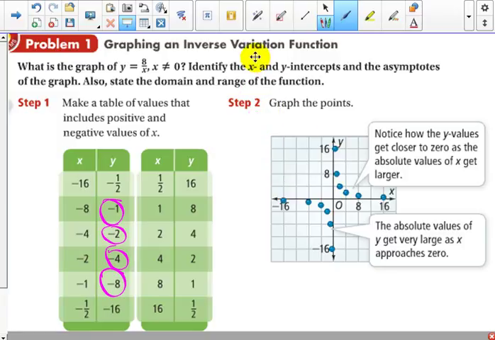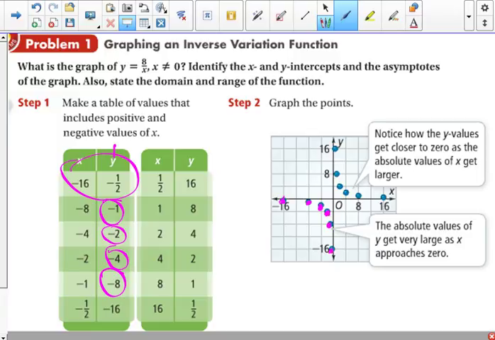After you fill in your chart with enough points to get a good idea of how to graph this, we plot them. Negative 16, negative 1/2: each unit is 4 here, so negative 16 is back here, and negative 1/2 is just barely down. Then negative 8 and negative 1, negative 4 and negative 2, negative 2 and negative 4, negative 1 and negative 8.